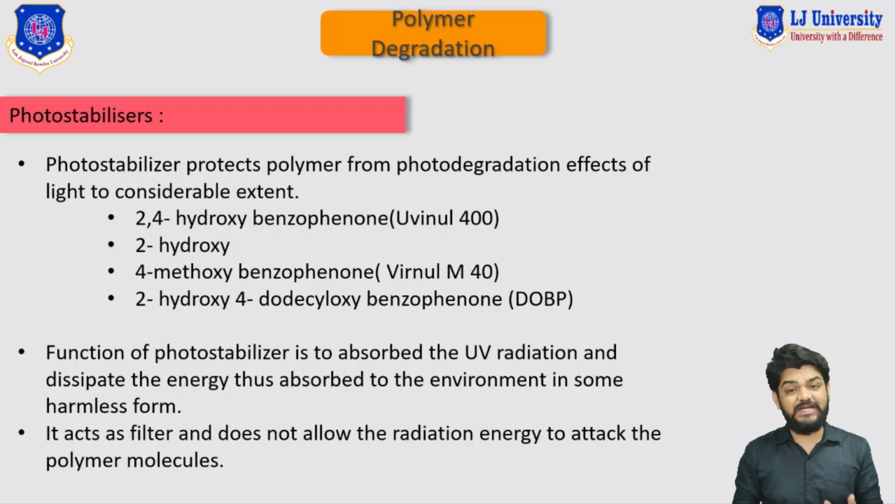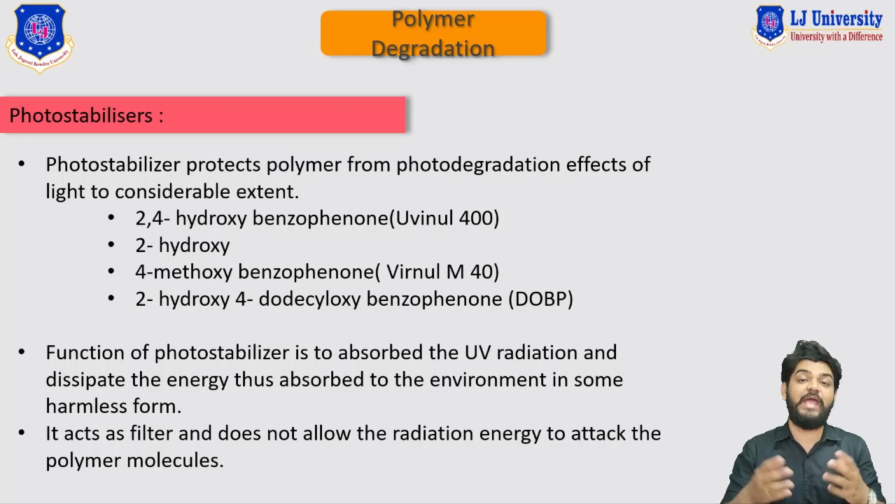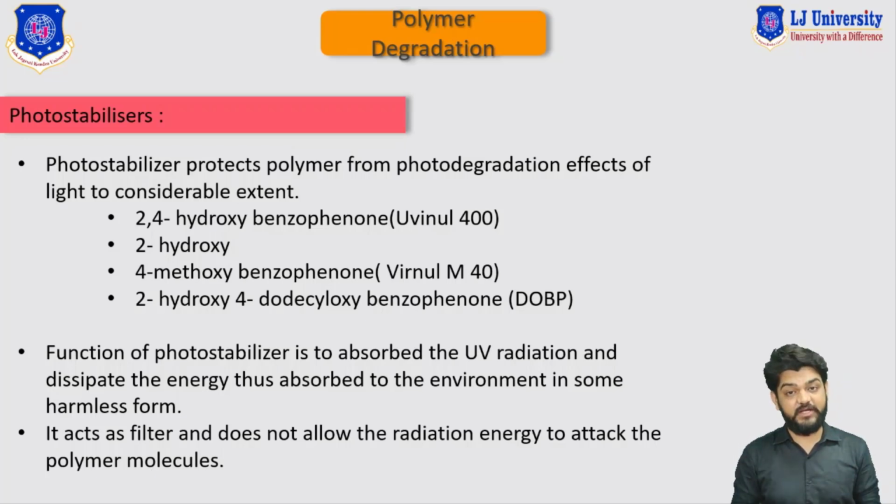Then it dissipates this heat energy into the environment in a harmless manner. These photostabilizers are very important compounds when we consider plastic or transparent materials. They basically act as a filter, and do not allow the ultraviolet radiation to attack the polymer molecule.